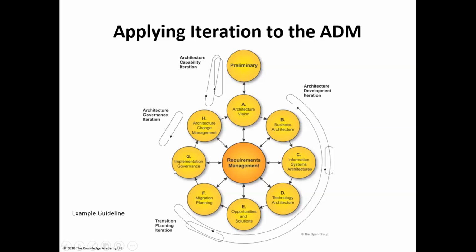The third is between multiple phases. In fact, there are four, I think. Here there's a transition planning iteration.